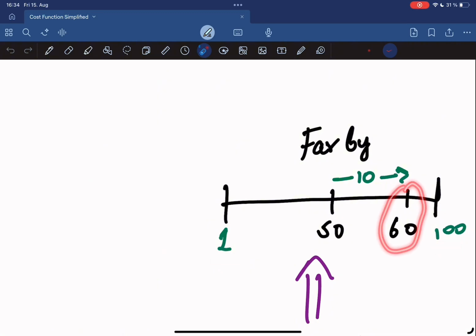If I calculate how far I was from my goal, which is 50, I was off by 10, and I calculated this by subtracting 60 from 50. So basically I was 10 steps ahead of 50, which was my goal.